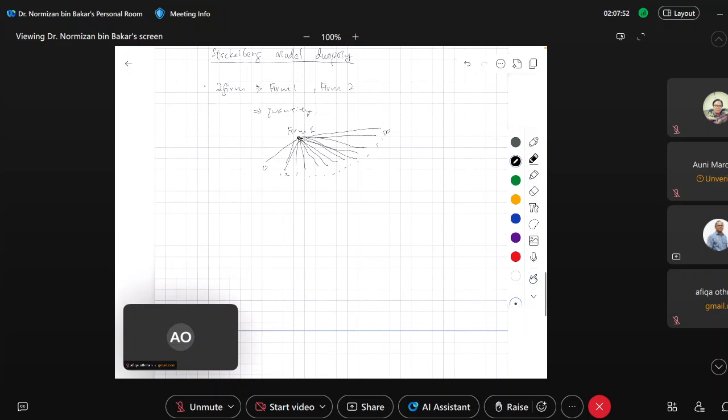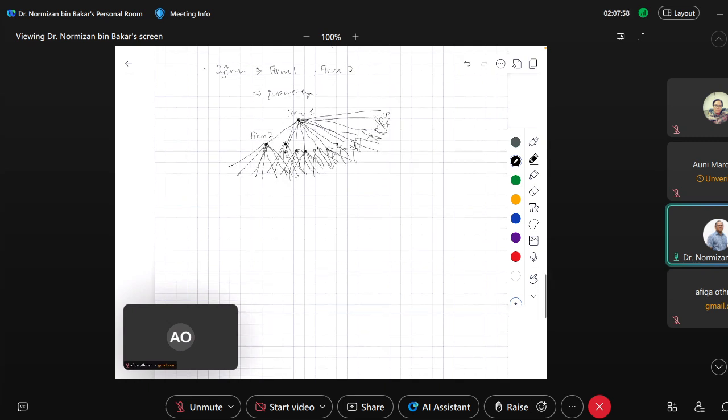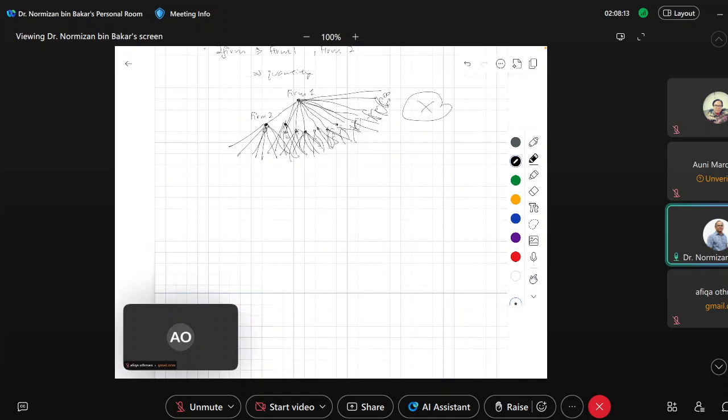So actually, this is the game. If we show it using the game tree, it's very complicated, so we cannot use the game tree to describe this one. But we use just the payoff function. So what is the payoff function of these two firms? Here is the payoff for firm one.